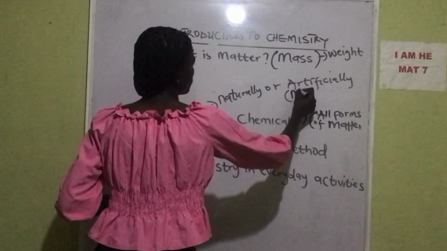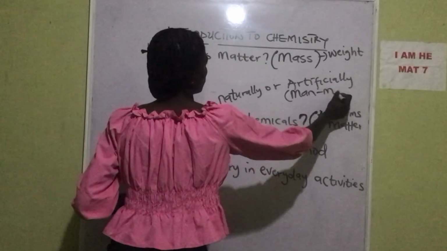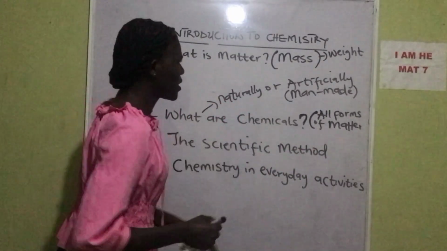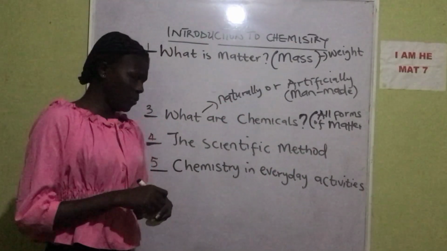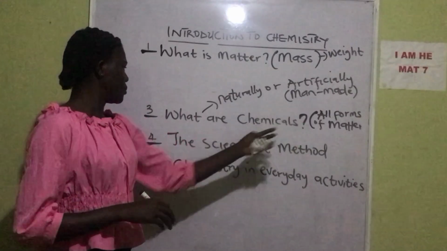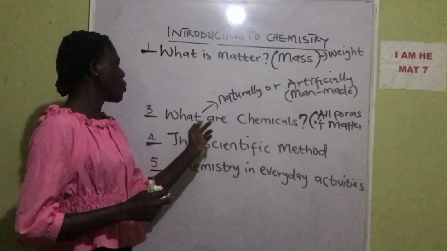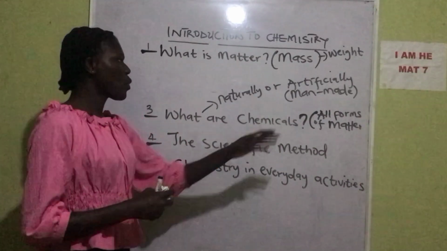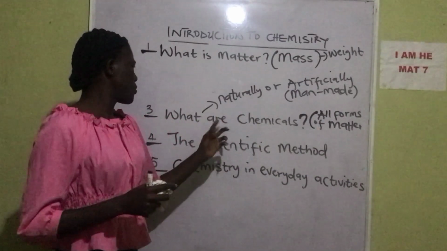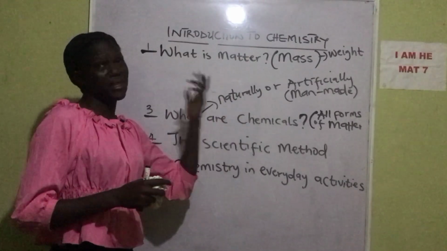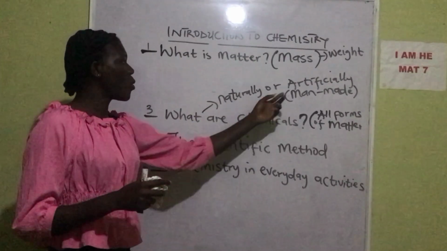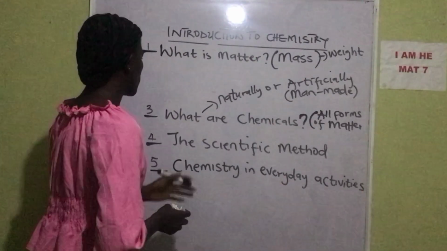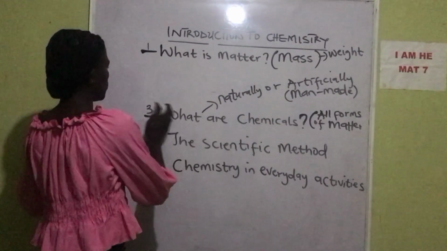Man-made is referred to as artificial, okay? So with natural and man-made forms, I would refer to them as matter. So what are chemicals? All forms of matter. I've defined matter for you. So all forms of matter are referred to as chemicals, whether naturally existing matter or artificially made matter. You understand?